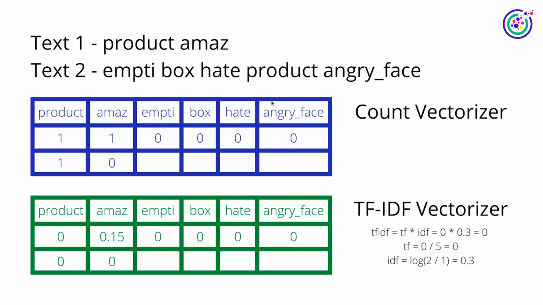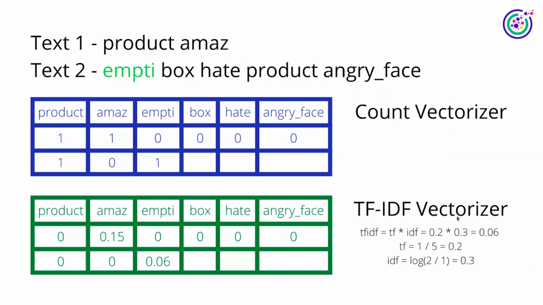Next is amaze. Amaze is not in text 2, so term frequency becomes 0 and the TF-IDF value becomes 0. And for count vectorizer, since it doesn't occur, it becomes 0 too. Next is empty. Now empty occurs one time in text 2, so it becomes 1.